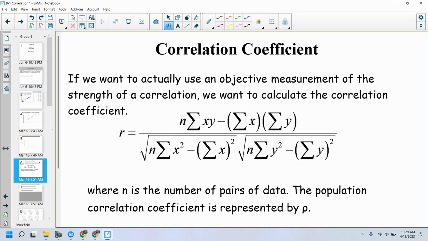But please appreciate what the calculator is doing for you. Okay? Appreciate what the calculator is doing for you. Let's analyze the actual equation a little bit, though. Okay, n. What is n? The number of things, the number of pairs that I have.